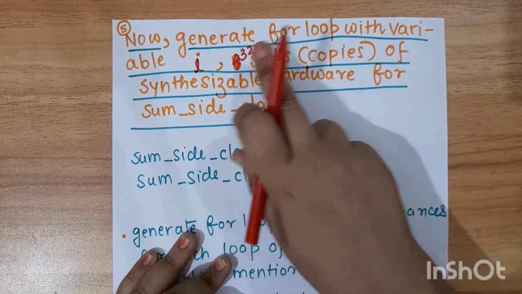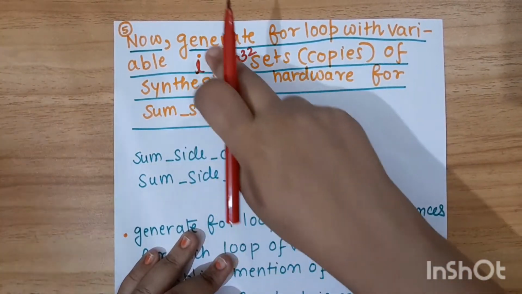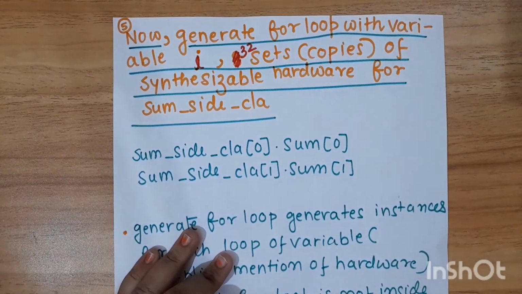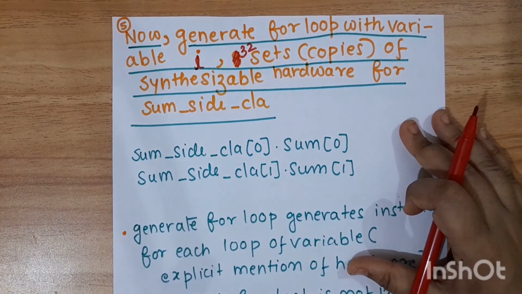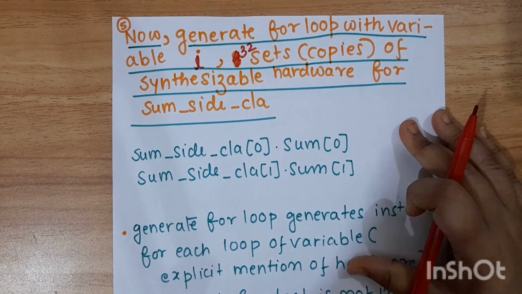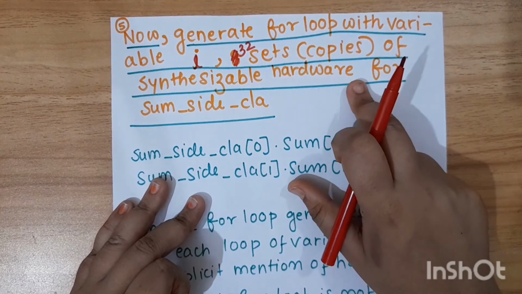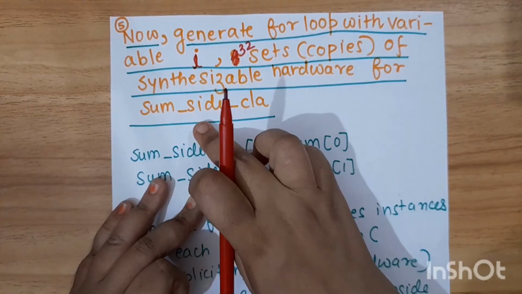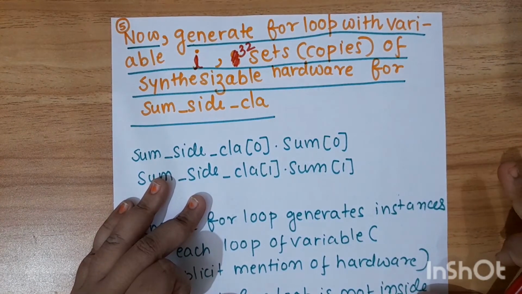Now the generate for loop with variable i. The variable i was used for the for loop for the output side, that is the generation of the sum side. So it was generating 32 sets or copies of synthesizable hardware for sum_side_CLA. This was the label for the generate for loop.